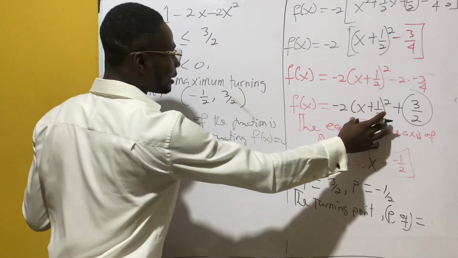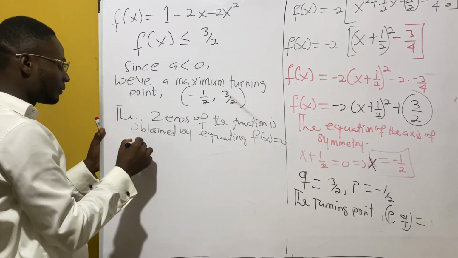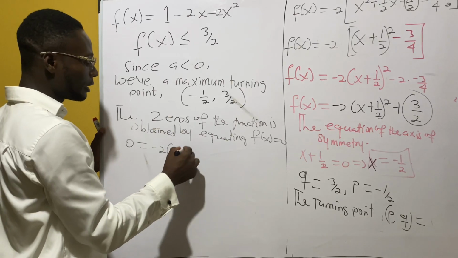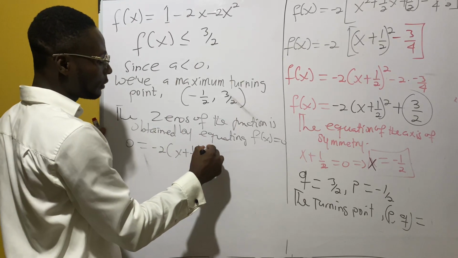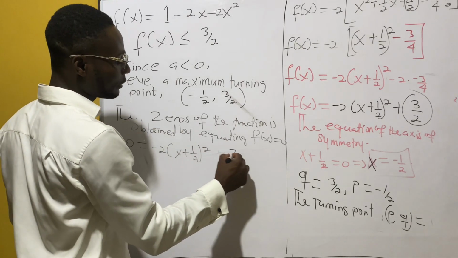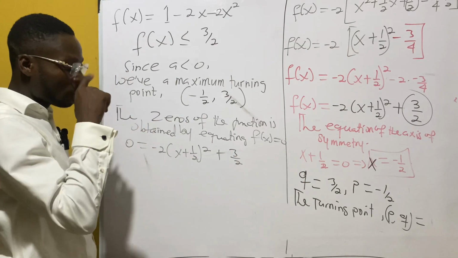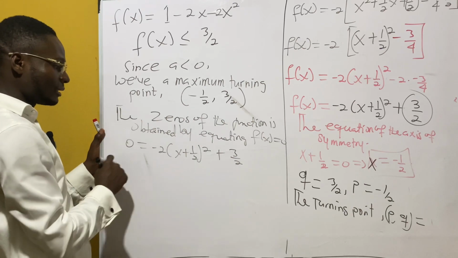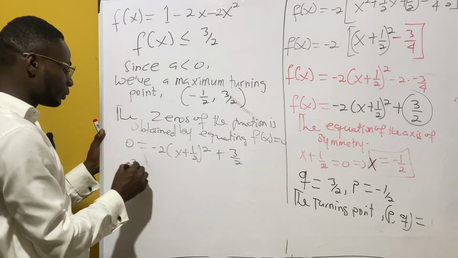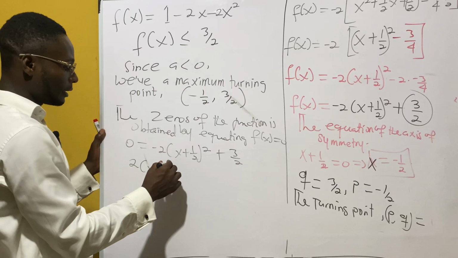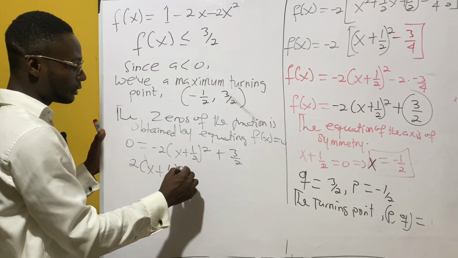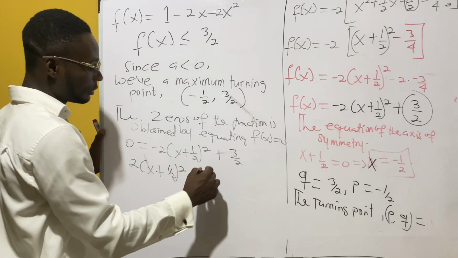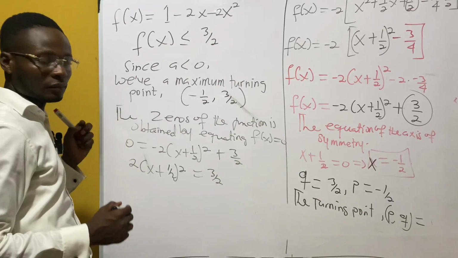When we do that, we have 0 equals negative 2 into x plus half all squared plus 3 on 2. We are interested in x, so let's bring this here and maintain this. So we have 2 into x plus half all squared equals 3 on 2, right?